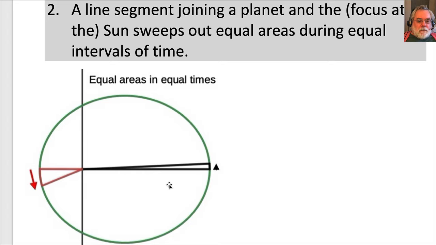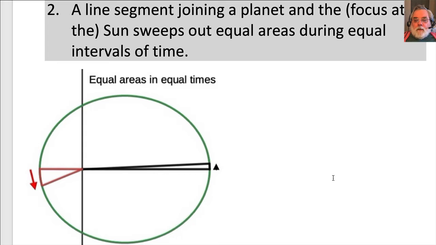The areas are the same. The velocity here is less than the velocity here. Sweeping out equal areas in equal times is a consequence of angular momentum being constant, as Newton discovers.